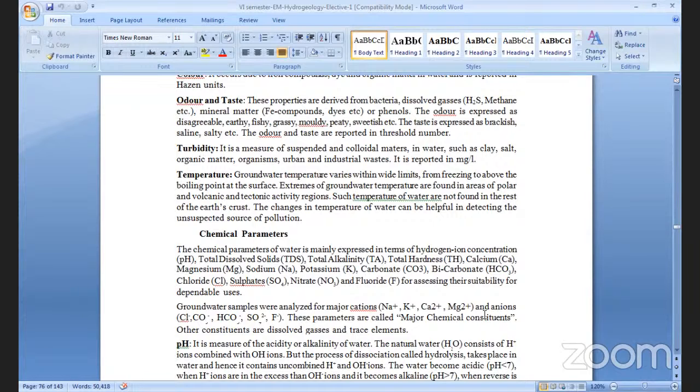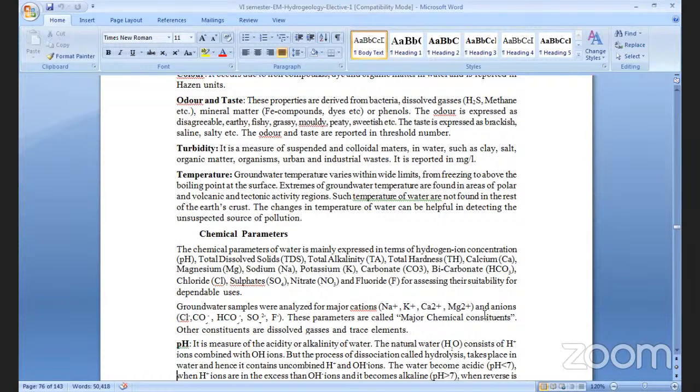And if you go to minus degrees centigrade, yes, definitely you can say 100% it will be converted into ice. But in a hot season, or roughly if the temperature is above 30, 40 degrees centigrade, then the water is slowly evaporated.